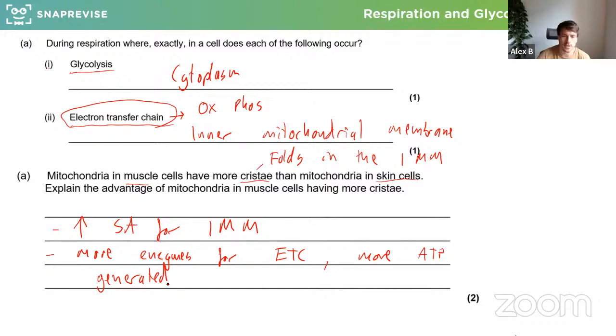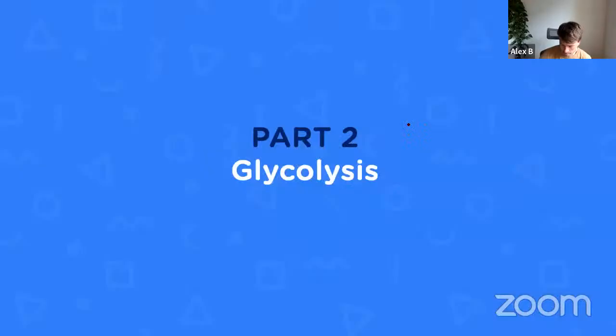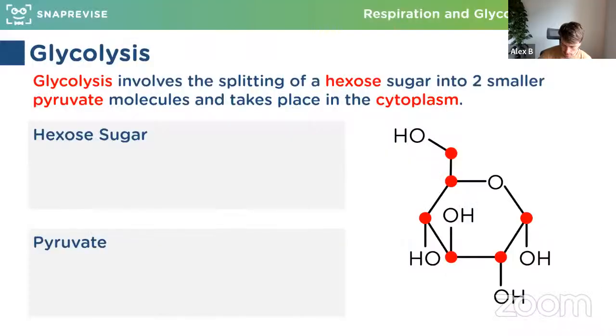So let's actually look at glycolysis in a bit more detail now. So we said this is the first stage of aerobic and anaerobic. So essentially what you're doing in glycolysis is splitting a hexose sugar into two smaller molecules called pyruvate, which are both three carbon molecules.